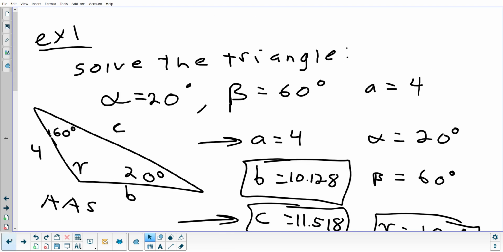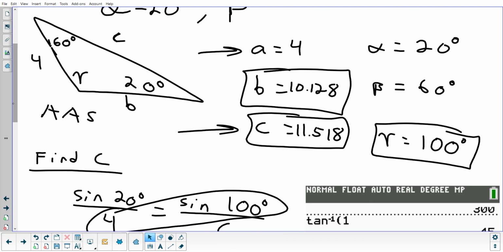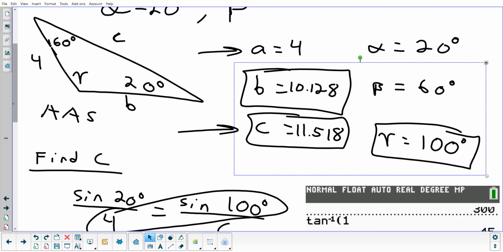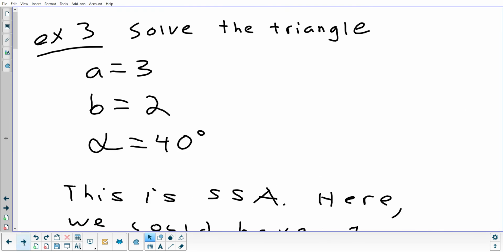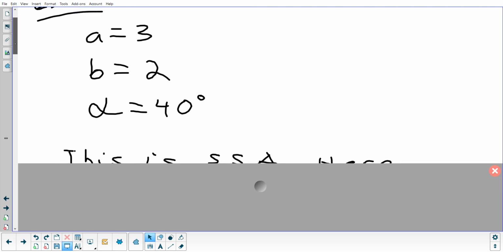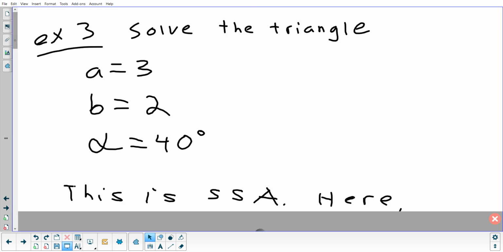In the first problem we did, B had exactly one answer. So did C, and so did gamma. When you're solving a side-side angle problem, which is what this one is, I'm going to do this problem in a second. I'm just putting the information there now, but we're going to write it in the table nice and neat. You have to find three things here: C, beta, gamma.